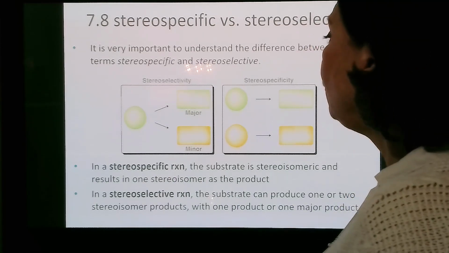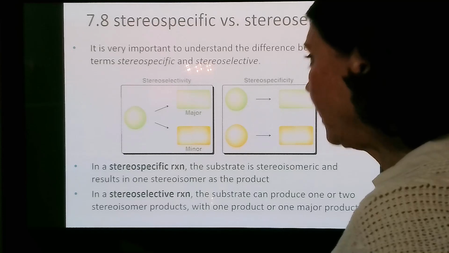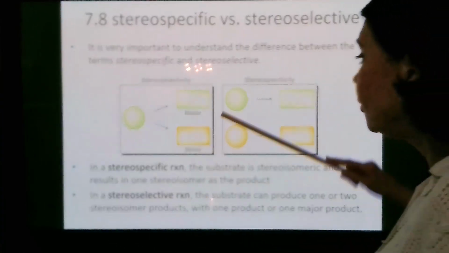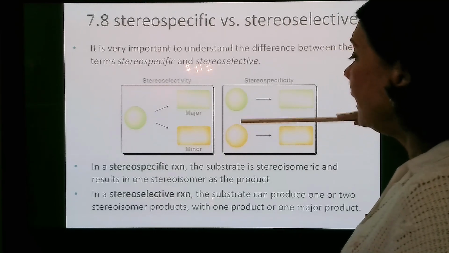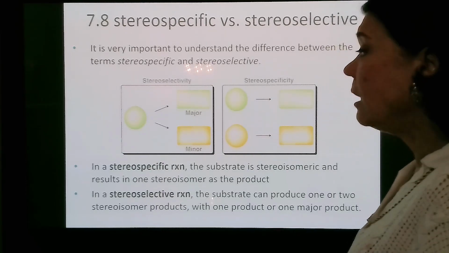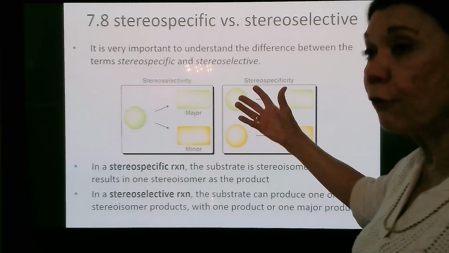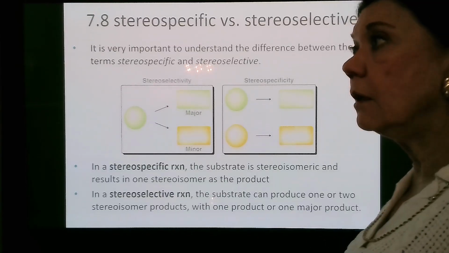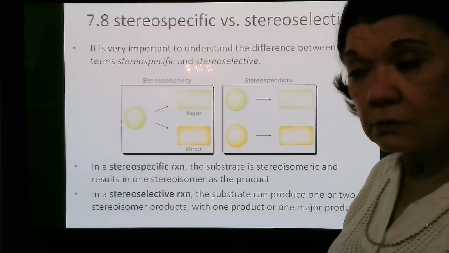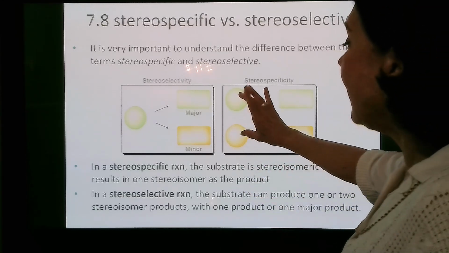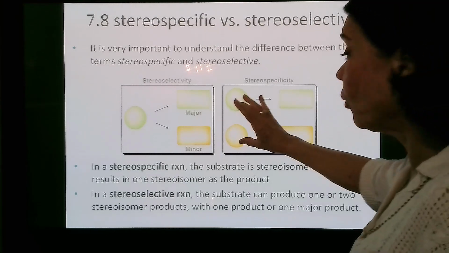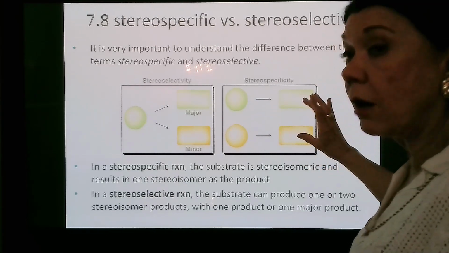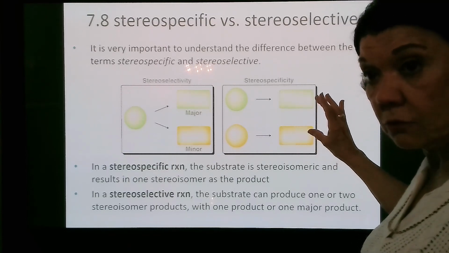So, once again, the difference between stereoselectivity and stereospecificity is that in stereospecificity, it has to have been shown that if you have 2 different stereoisomers and you react them with the same reagent, you get 2 different products, which are stereoisomers.